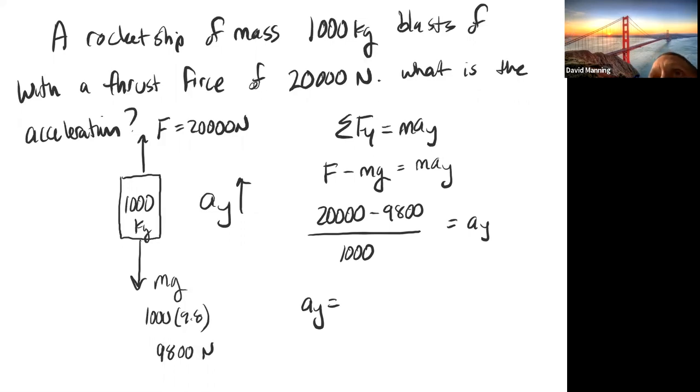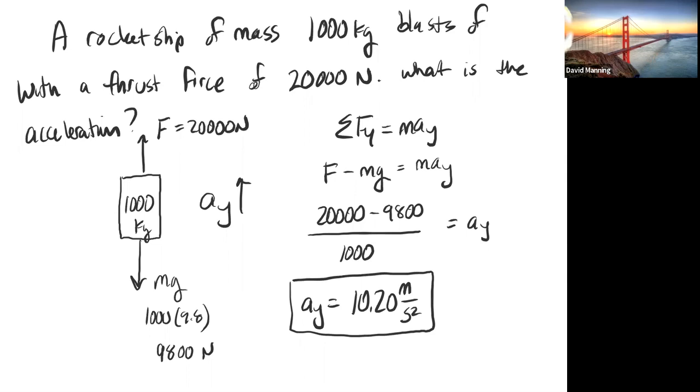I got 10.20 meters per second squared. Not very high acceleration, 1G. Really a little thruster, more thruster force. Anybody need it clarified there?